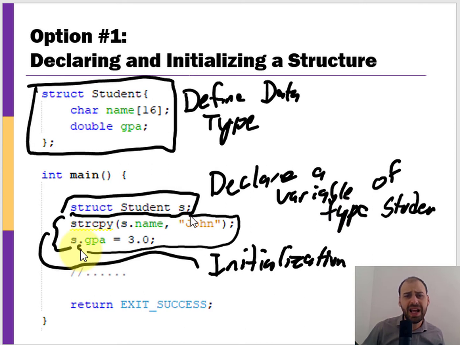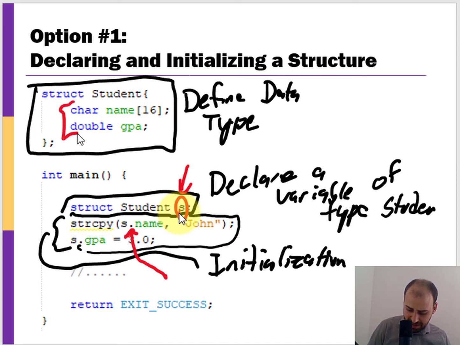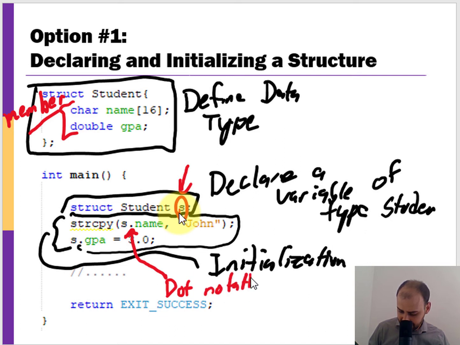Now I want to point out something. Notice the variable name is s. Name it whatever you want, obviously. To get at each member, we're going to refer to these as members of that structure, we're using something called dot notation.